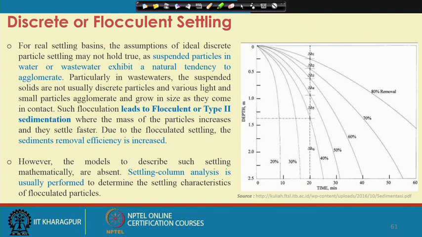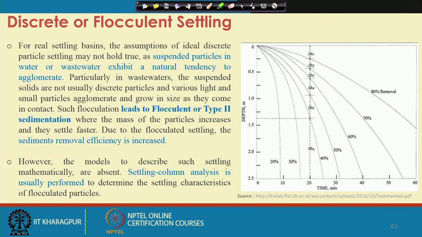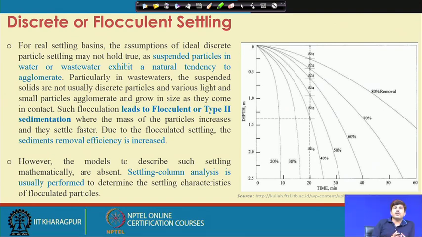Particularly in wastewater, suspended solids are not truly discrete particles. There are various lightweight particles, there are various small particles, and when they come into contact they agglomerate and form larger particles, and as a result flocculation occurs, and this leads to type 2 or flocculent type settling which we discussed in the earlier lecture.